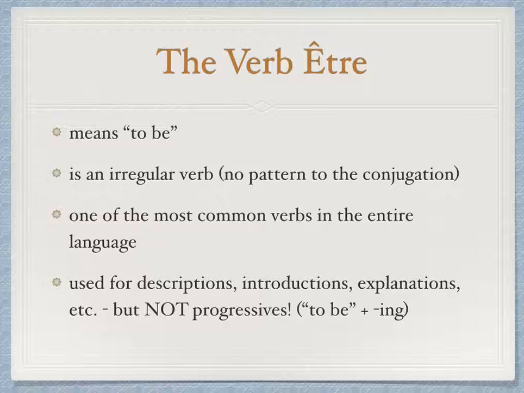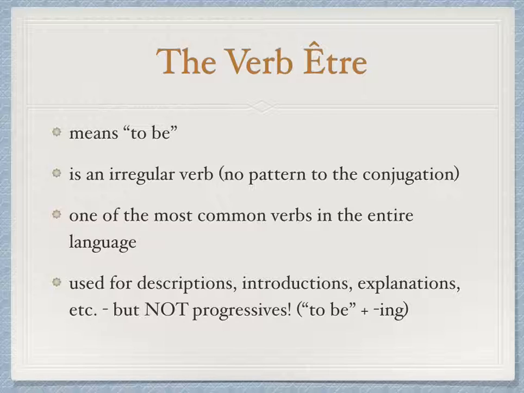So that would be like if you have a sentence like, I am playing. I am playing means that you are playing right this very second. The action is in progress of happening. We have the to be, I am, but then our next verb ends in ing, playing. That means that in French, we're just going to use the verb to play, jouer.